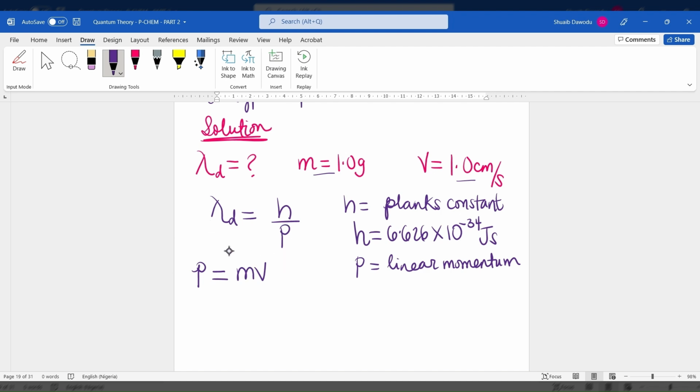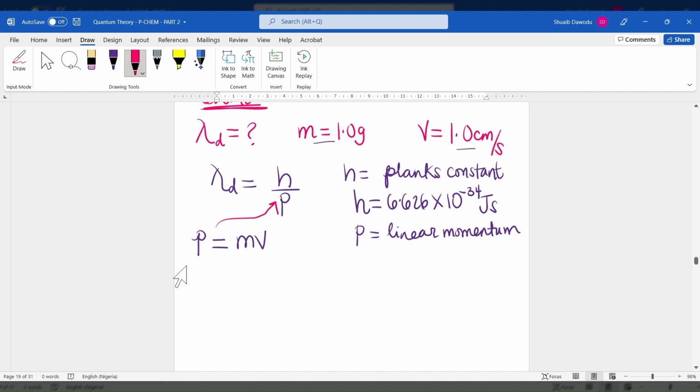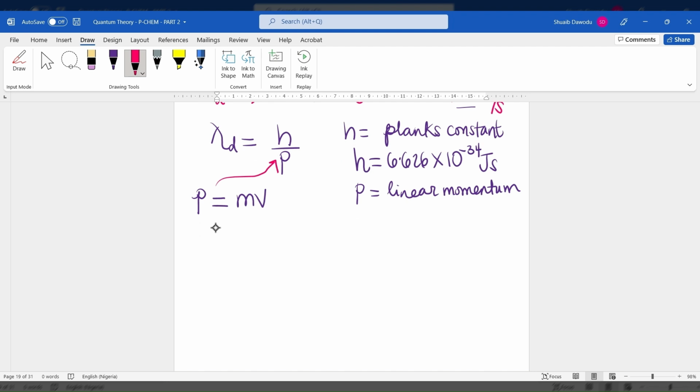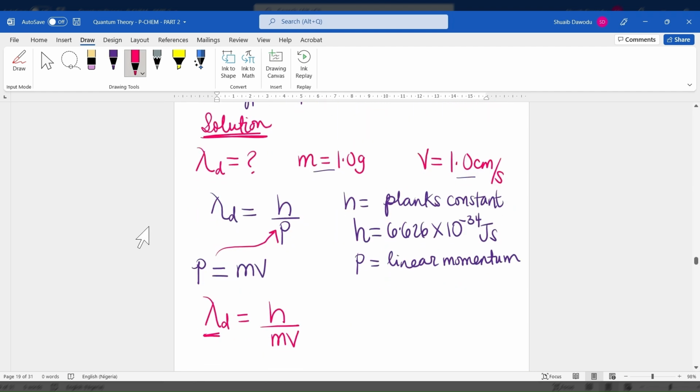So we can substitute p for mv and rewrite the formula. The formula for the de Broglie wavelength, lambda sub d, is just simply h divided by mass times v. Here we're able to easily solve for this because we have our Planck's constant, we have our mass, and we have our velocity. So we can simply substitute.